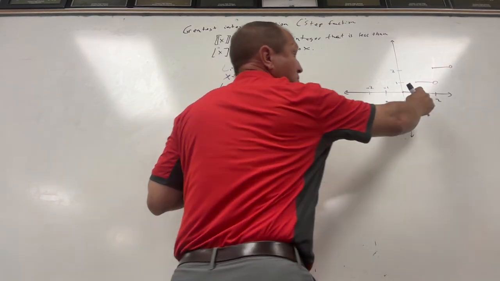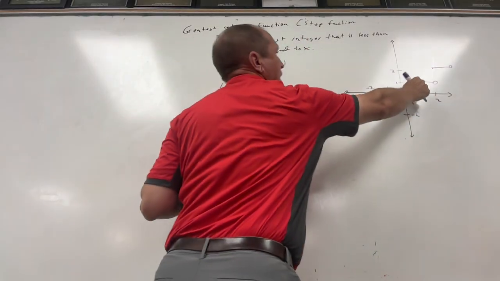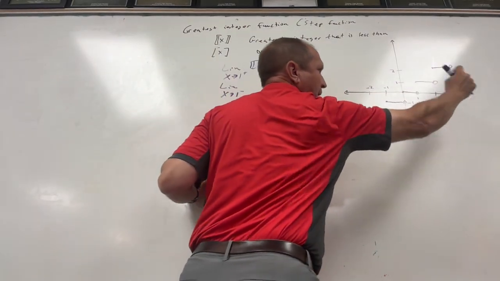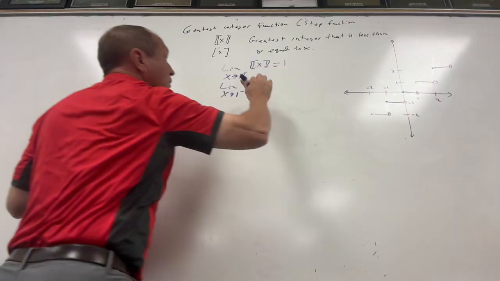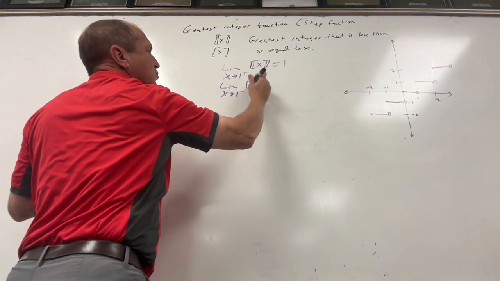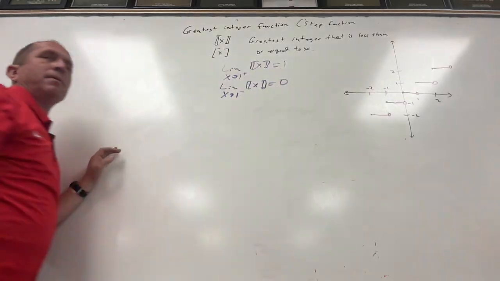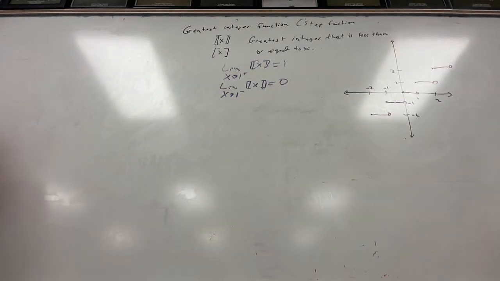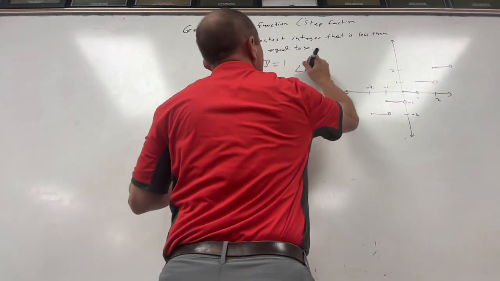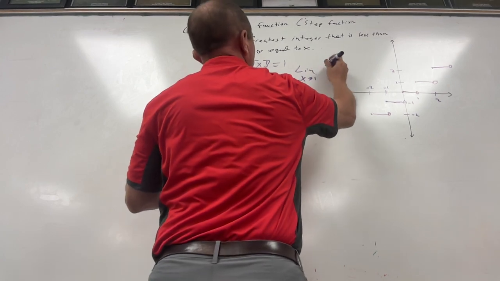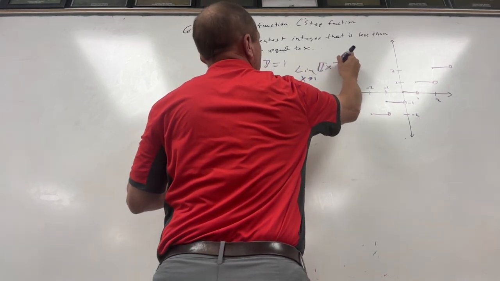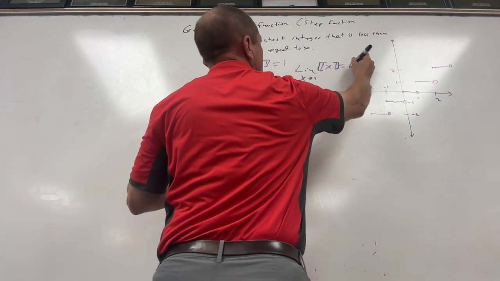I'm getting close to 0, and it doesn't matter what I am at 1. So the limit as x approaches 1 from the left is 0. So what is the limit as x approaches 1 of the greatest integer function? Does not exist.